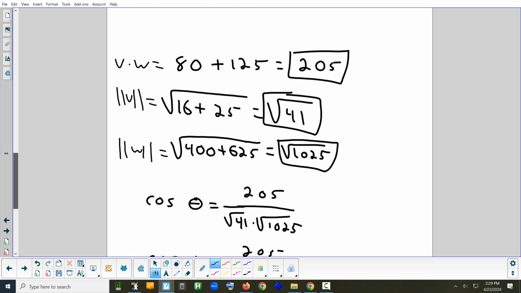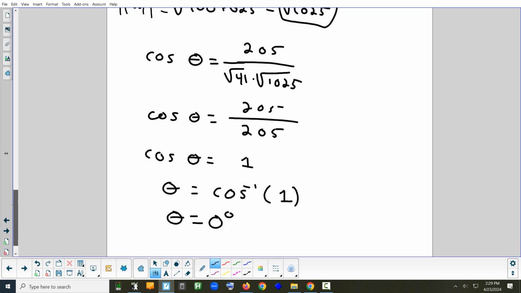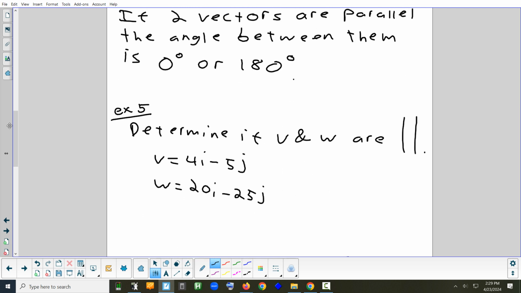So now, what does that mean? Are these vectors parallel? Yes. Determine if they're parallel. Yes, they are.